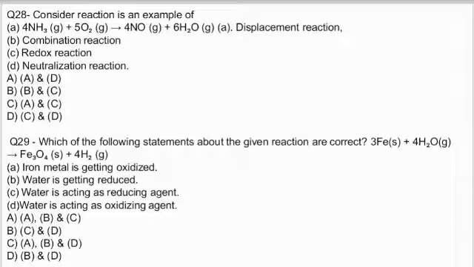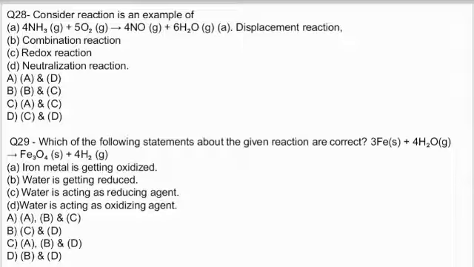Next question. Which of the following statements about the given reaction are correct? The reaction is 3Fe plus 4H2O gives Fe3O4 plus 4H2. The statements are A. Iron metal is getting oxidized. B. Water is getting reduced.